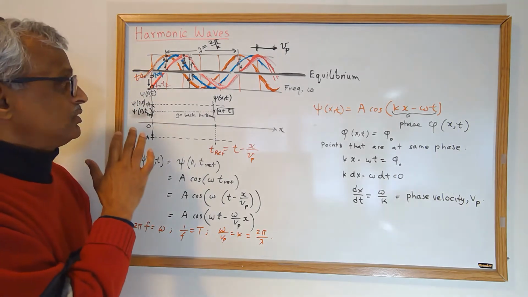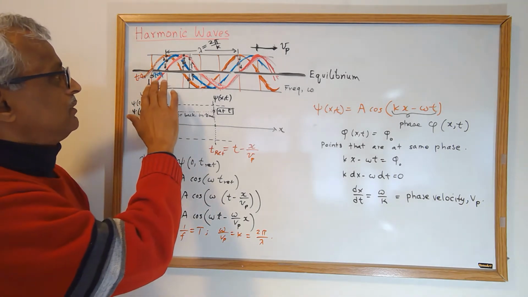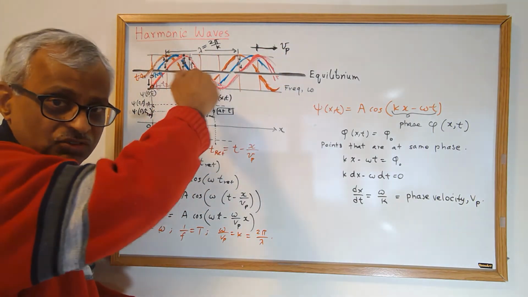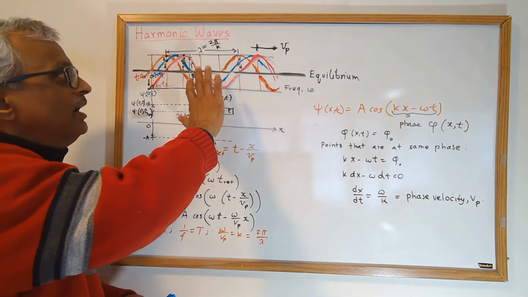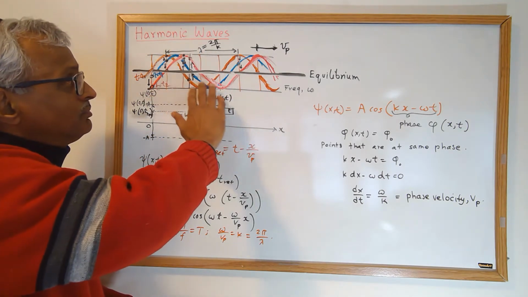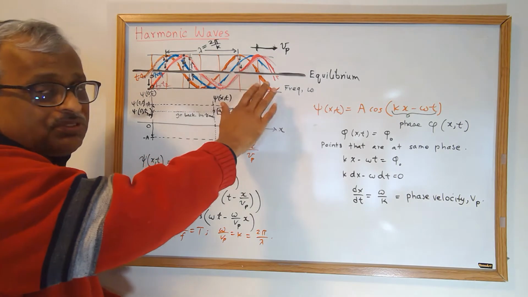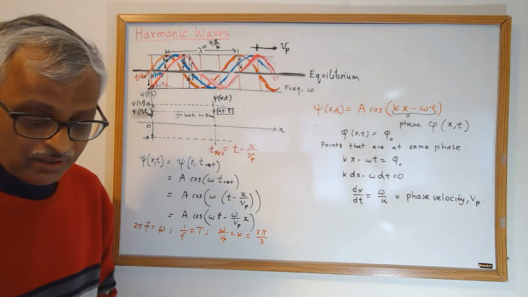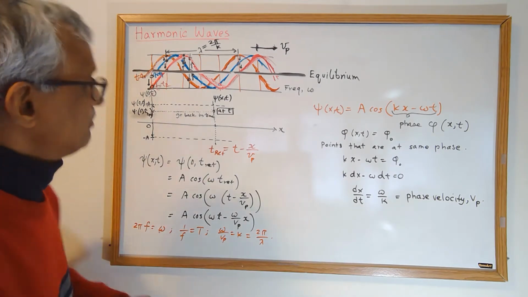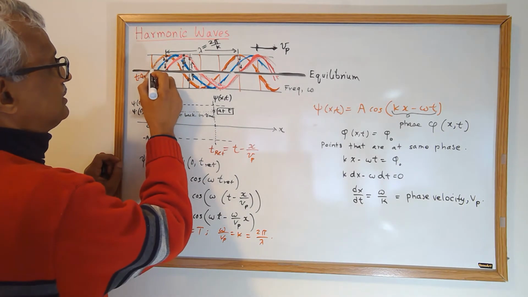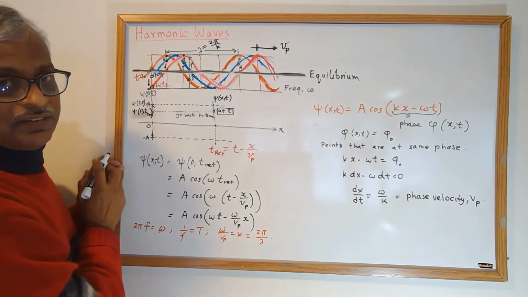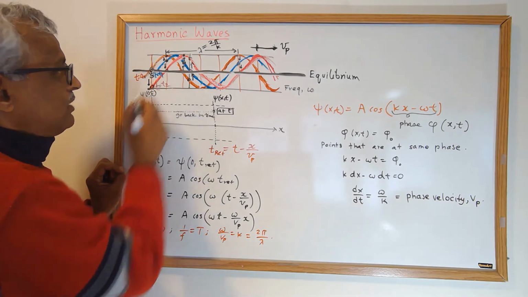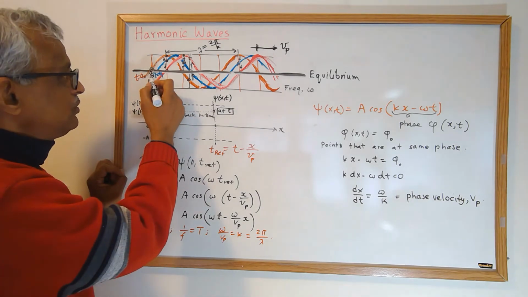A couple of things I want you to notice: the pattern in the string gets a different position, same shape but at different places, and there are the particles of the string. When I look at this particle, where is it at t2? At t1 it's gone down, and at t2 it moved further down.